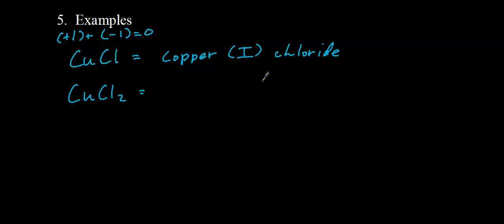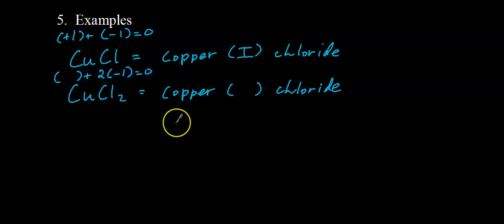Let's try the same thing with the next one. Use what you know to find what you don't know. So notice this time we have 2 chloride ions according to the formula. So I put 2 -1 ions. We have 1 copper ion in that compound.